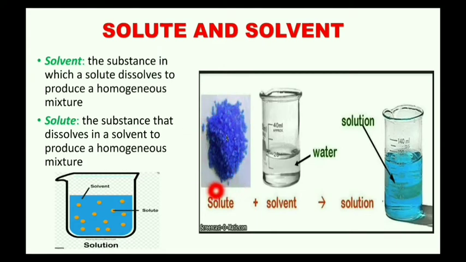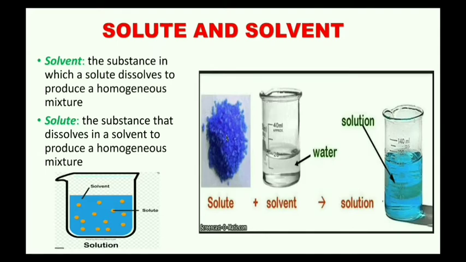So we can see here both solute and solvent, when they uniformly distribute or mix with each other, it results in the formation of solution. Okay, so solute plus solvent gives rise to solution, where we can see in this diagram solvent is present in larger amount while the solute is taken in lesser amount. So both of them uniformly distribute and mix with each other and result in the formation of solution.